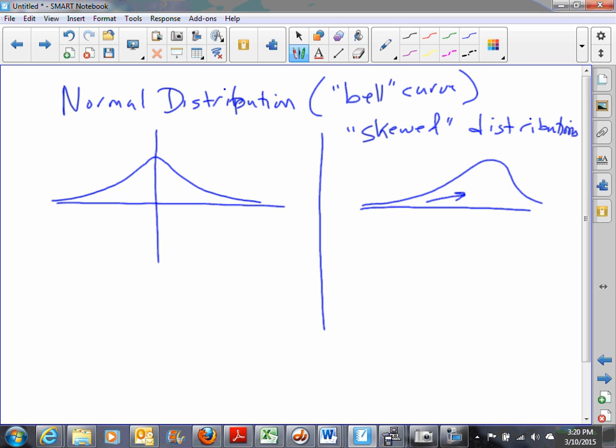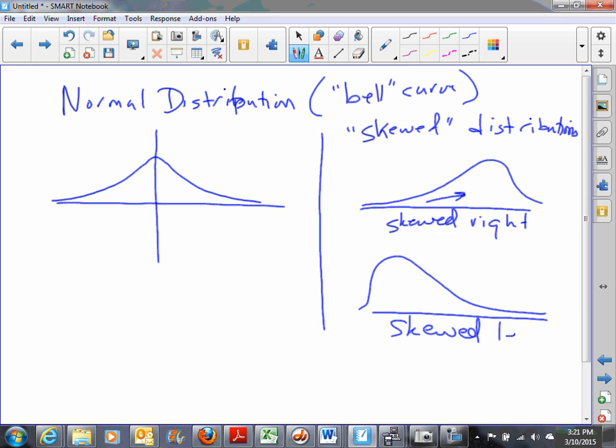Okay, this is skewed to the right. And obviously, if the data looked more like this, then it would be skewed to the left.